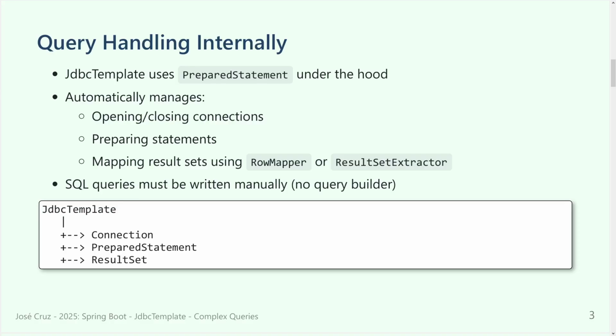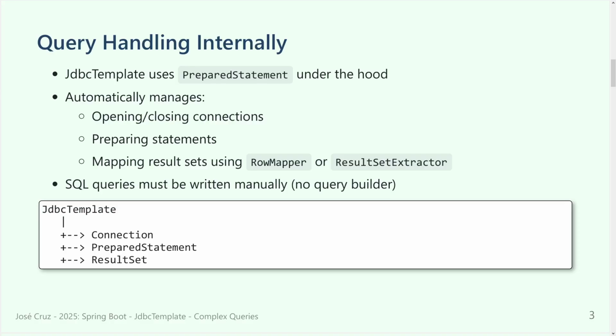So behind the scenes, JDBC template uses a prepared statement, which allows, for instance, a very elegant way to handle parameters in queries, and automatically manages opening and closing connections, the preparing of the statements, and mapping results using, for instance, RowMapper or ResultSetExtractor. But there are others like BeanPropertyRowMapper that can set the values for you, and I will show you in a moment.